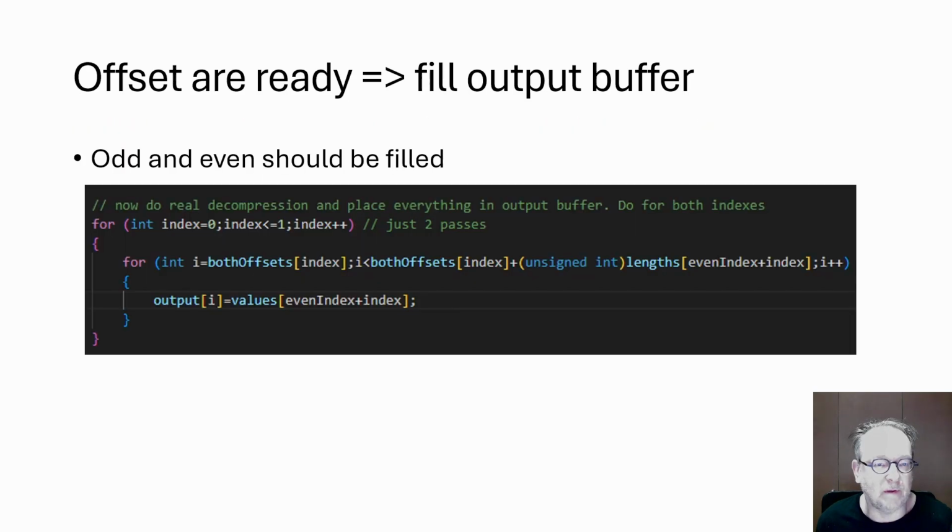And that next step is actually filling the output buffer, and that's pretty straightforward. So we do it for the odd and the even, and it uses the value that it needs to use to fill into the output, and we do this for the length of the sequence.